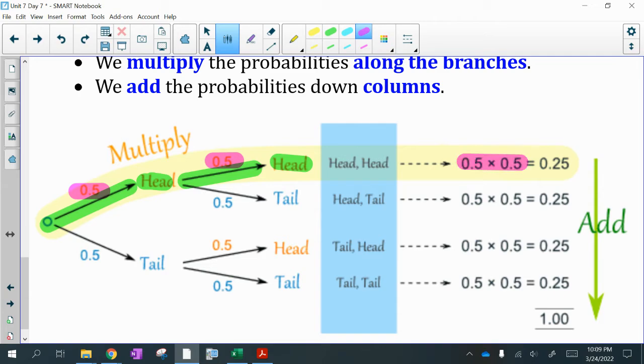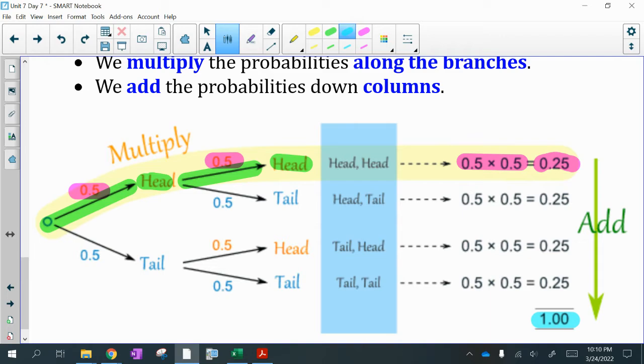When I multiply those two things together, I get my overall probability of that happening, which is 0.25. Now, if you're trying to make sure that you did everything right, you can add the probabilities you end up getting at the end, and that should always add up to 1. Okay, hopefully that makes a decent amount of sense.